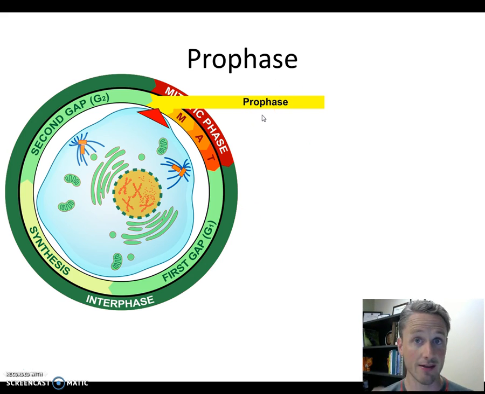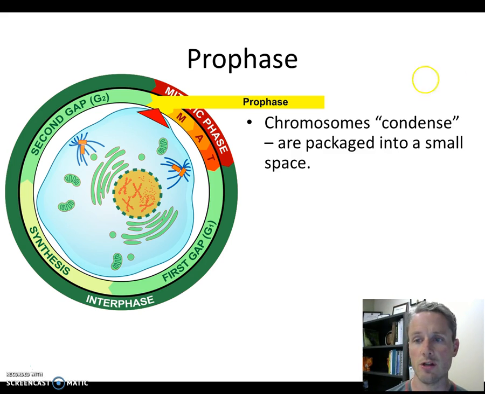We'll start with prophase. So here we have our cell. It's entering prophase, so it's leaving interphase, entering M phase, and the first step is prophase. So what happens during prophase? The first thing that we do is we take our chromosomes and we condense them. Basically, we pack our chromosomes into a smaller package.